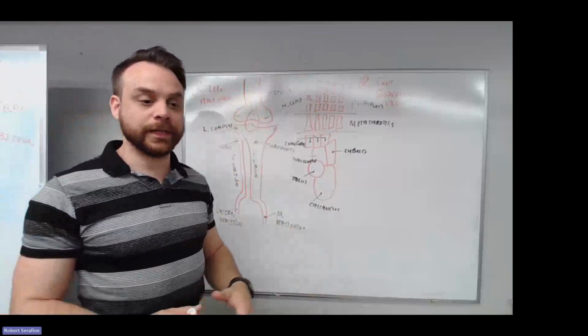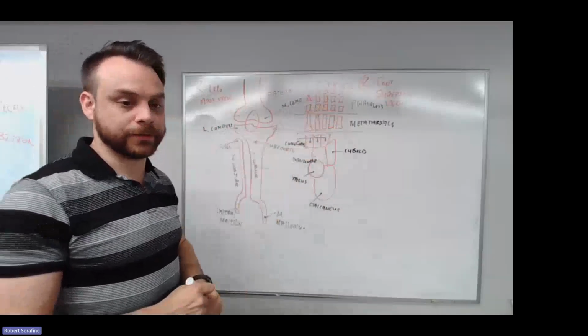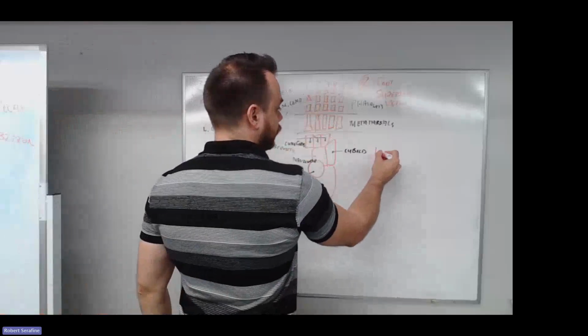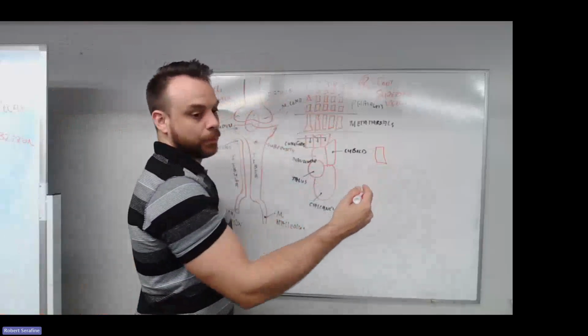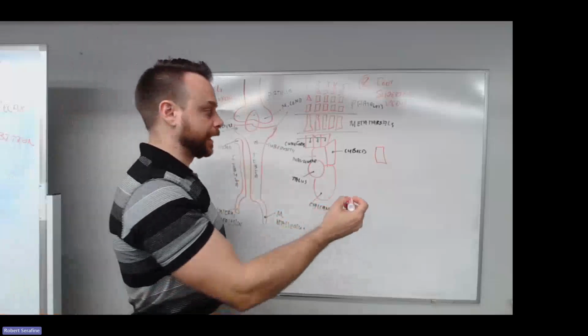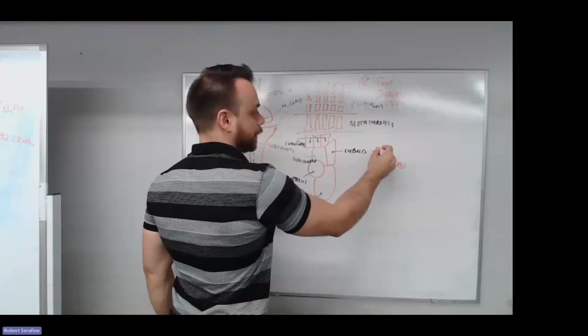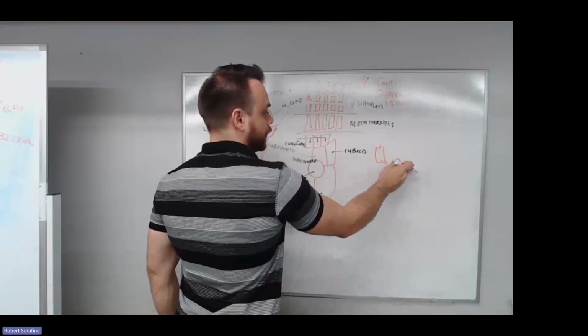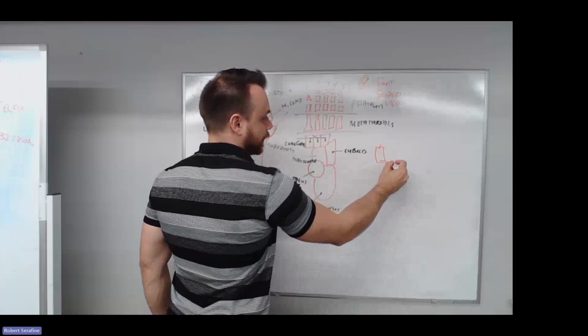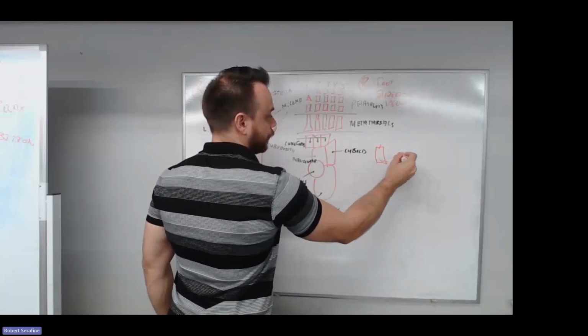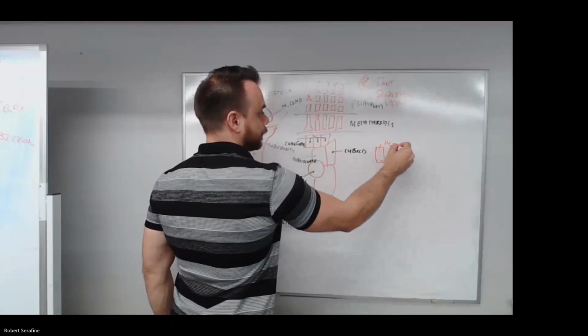And then of the metacarpals and the phalangeal bones, we have 2 landmarks to pay attention to. The more proximal landmark is the base, while the more distal landmark is the head.